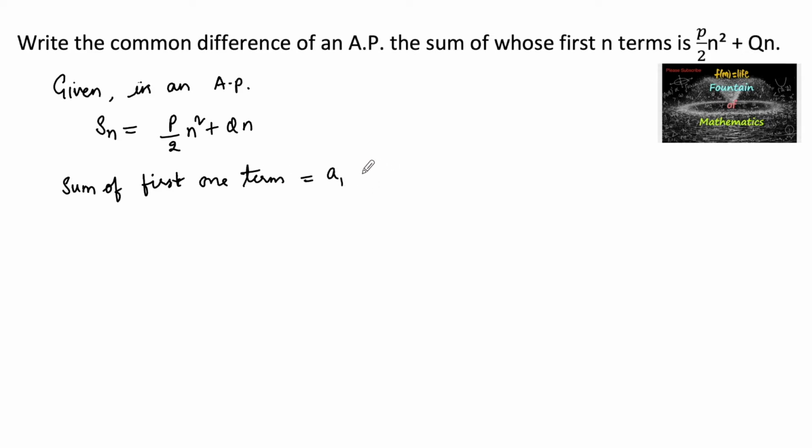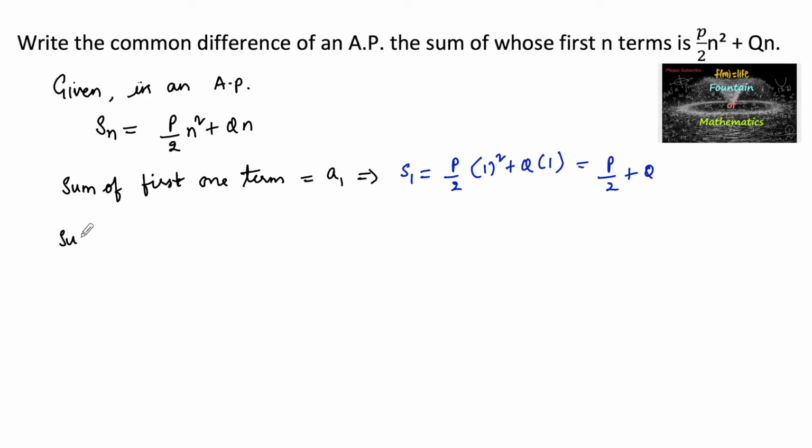So S1 is equal to p by 2 into 1 square plus q times 1, that is p by 2 plus q.